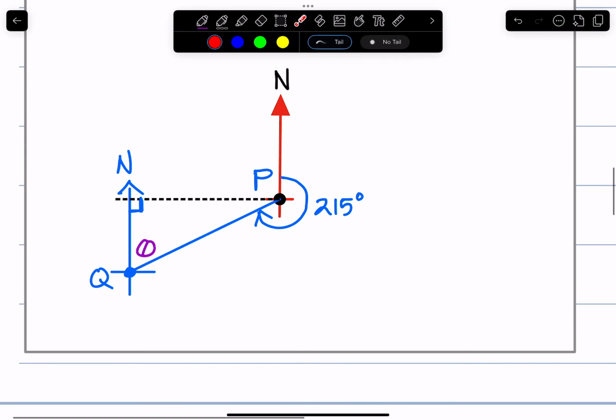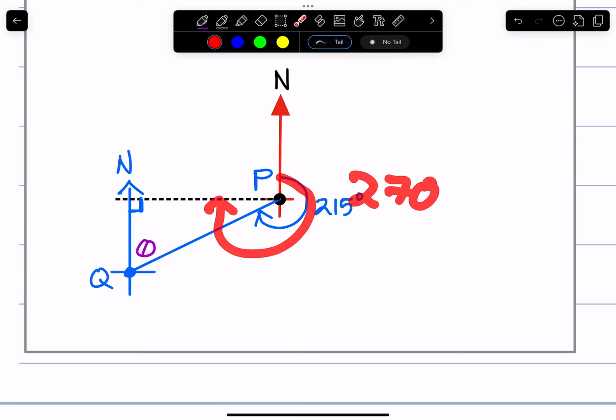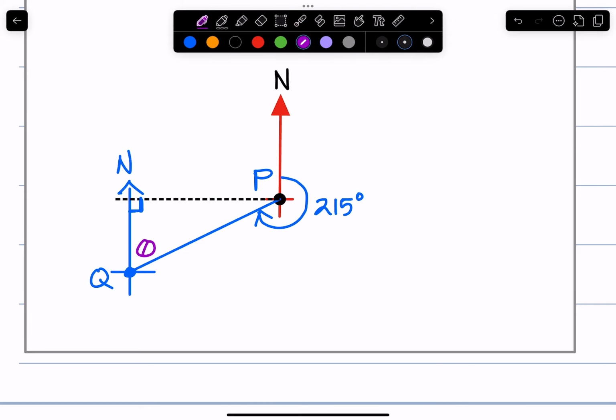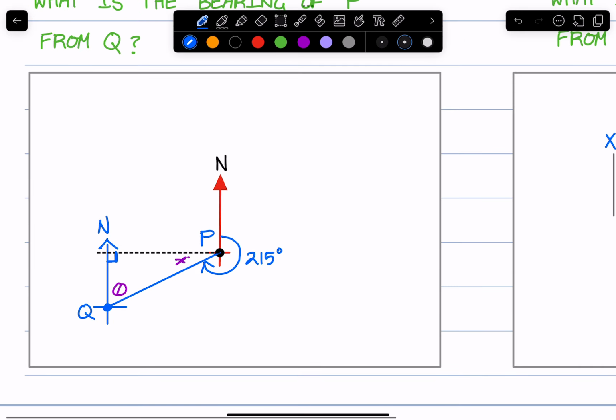Now, in order to find this angle, we need to find this one first. Since we know that this should be 270 degrees, notice how it stops at 215. So let's label this angle as angle X. We can find angle X as equaling 270 minus 215.